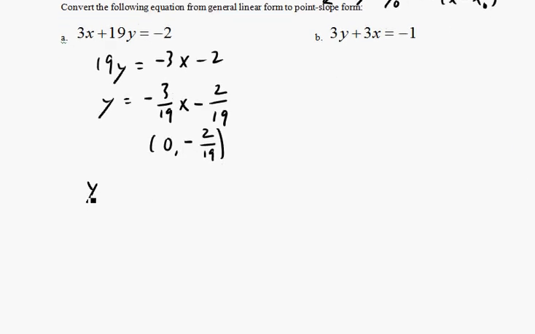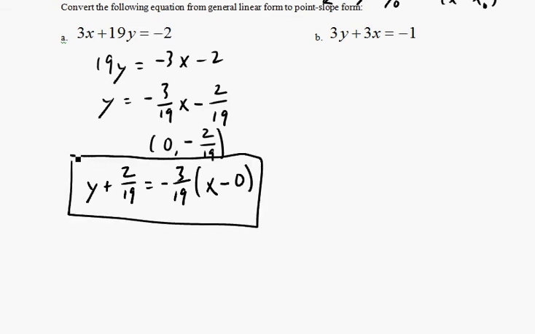So then we would say y minus the negative 2/19, or y plus 2/19, equals the slope, which is negative 3/19, times x minus the x-coordinate of the point, which is 0.